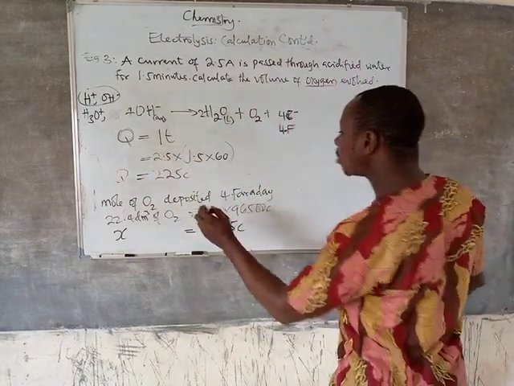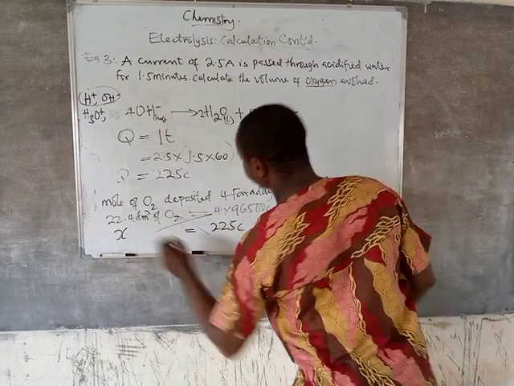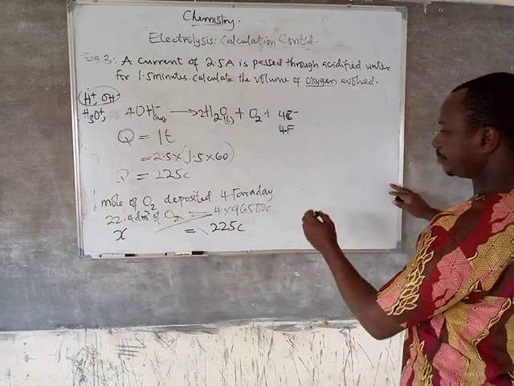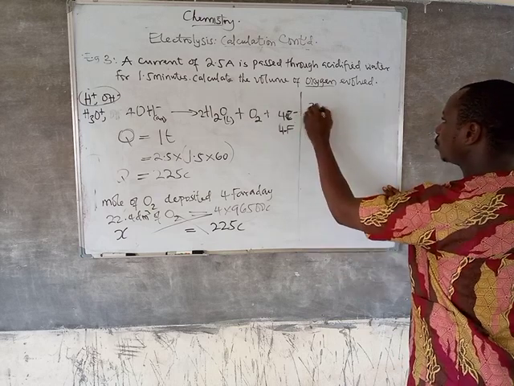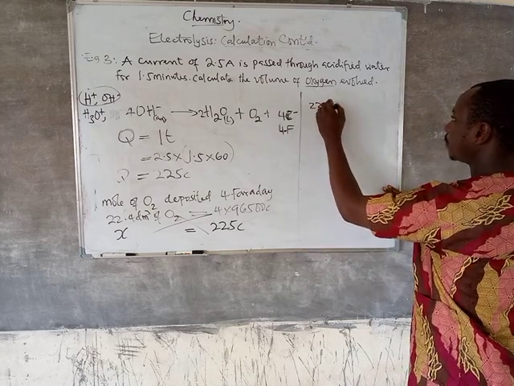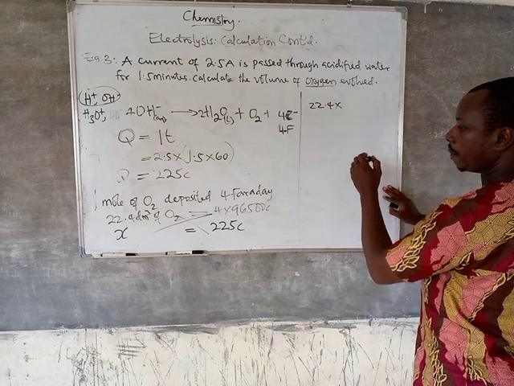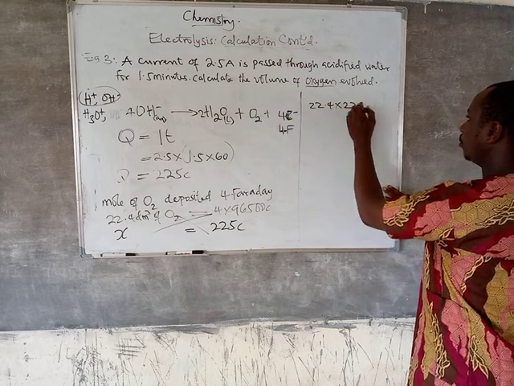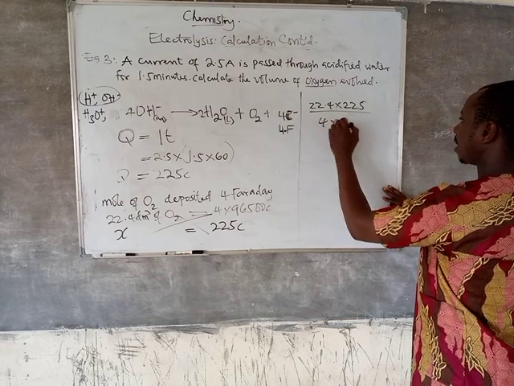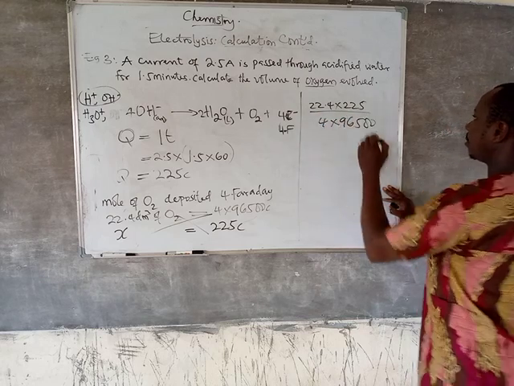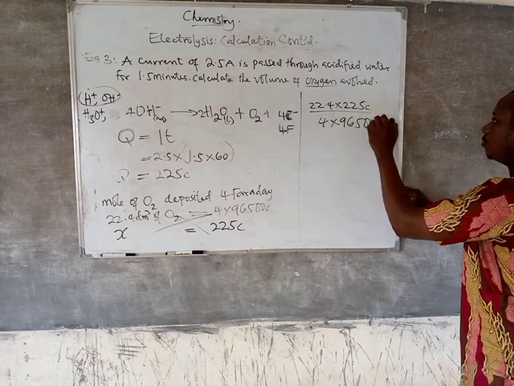So if you watch very well, you do a little cross multiplication, which means that X equals 22.4 multiplied by 225, all divided by 4 times 96500. Don't forget, this one is coulomb and this one is coulomb.